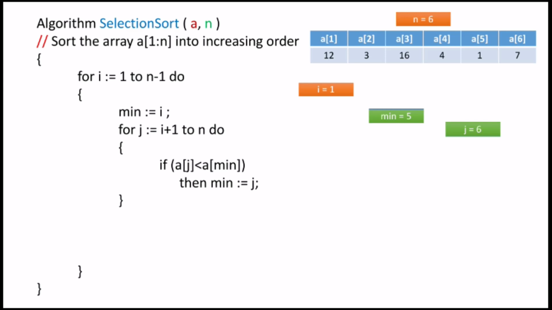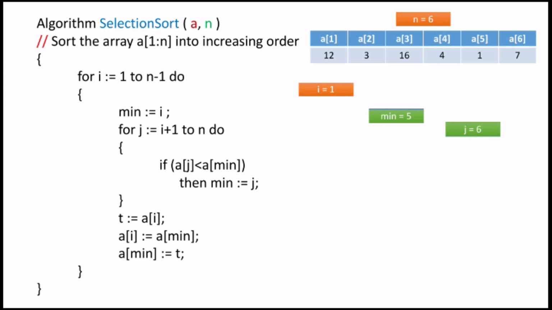So now we have to place the minimum number at first position. So we will exchange the minimum number with the value stored in first position. These are the three statements which will exchange the value at first position with minimum value.